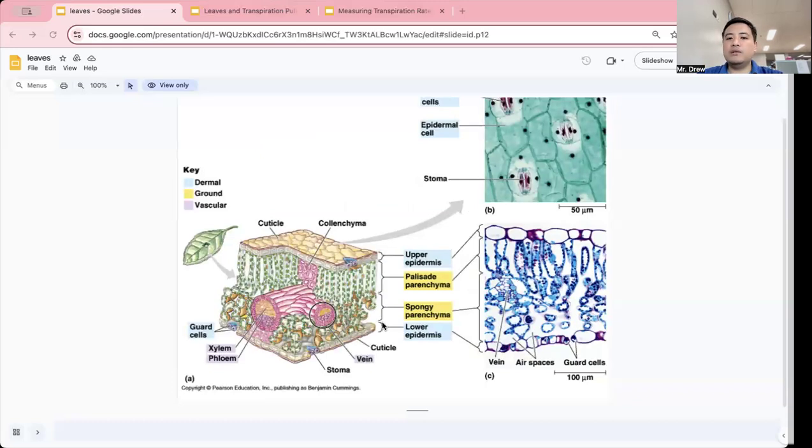Xylem and phloem transport water and nutrients. Understanding this structure helps us appreciate how plants function and adapt to their environment. And just remember bamboo. There is research saying that bamboo is very effective in absorbing carbon dioxide and releasing more oxygen because of their thin, and not too broad, but a bit broad leaves.